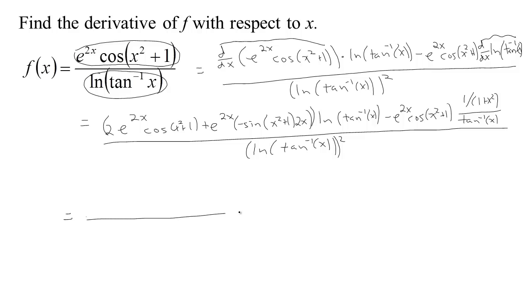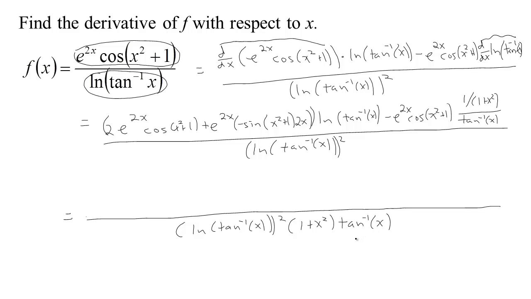So let's see, when we do that, we're going to have our natural log of arctan x all squared in the bottom, but now there's also going to be times 1 plus x squared and times the arctangent of x, because I multiply the bottom by that. If I multiply the top by that, then we get, let's see, from these, I'm going to go ahead and pull out that common e to the 2x. Okay, so I pull out the e to the 2x.